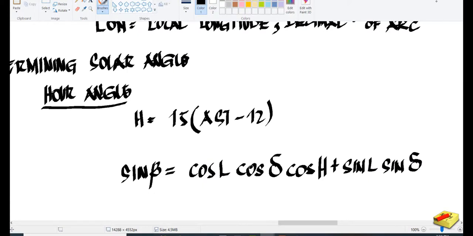Now, to determine the solar altitude angle, we have the equation: the sine of the altitude is equal to the cosine of L times the cosine of the solar declination, multiplied by the cosine of the hour angle, plus the sine of L times the sine of the solar declination.